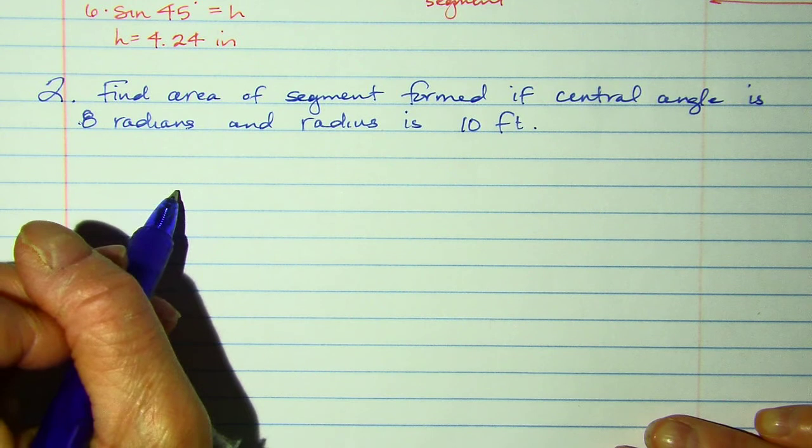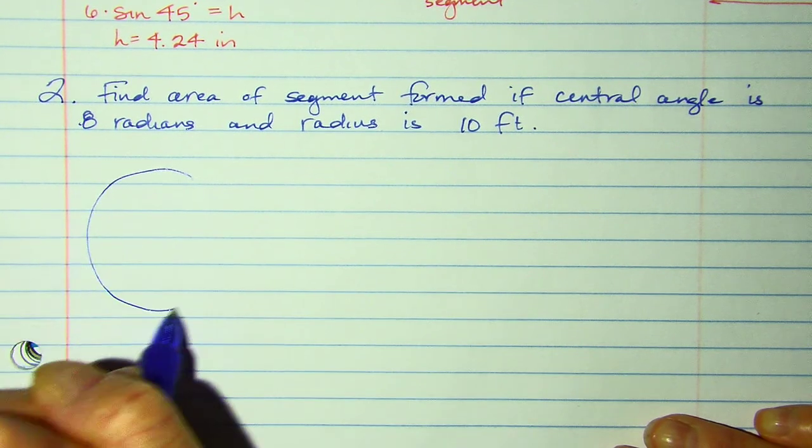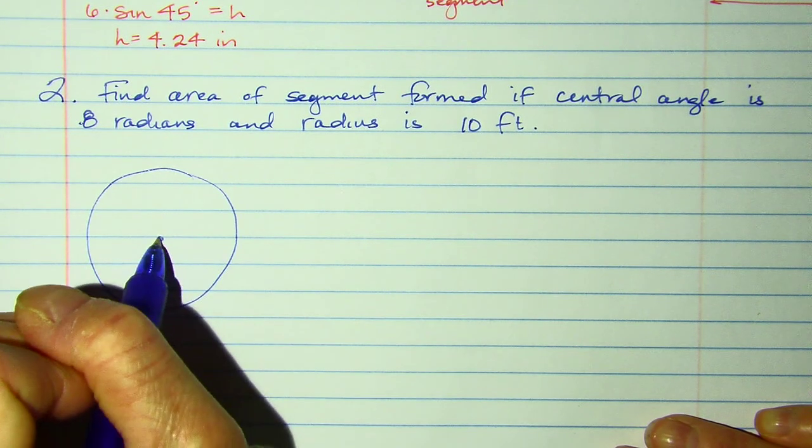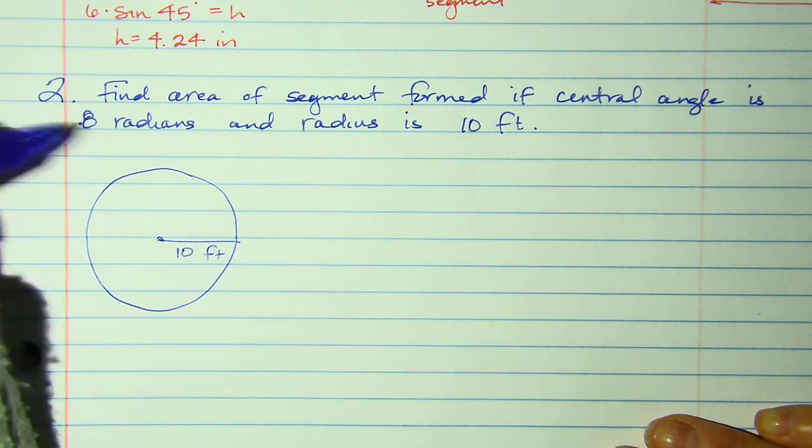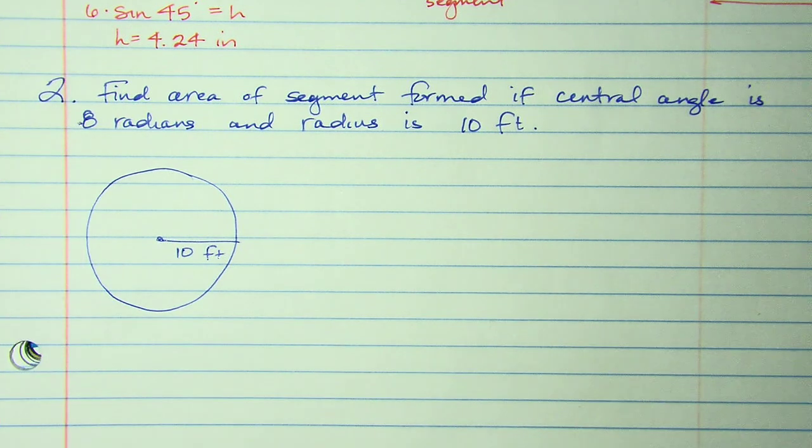So again, I'm picturing this circle. I know this is 10 feet. It says 0.8 radians, so I don't know the degrees.